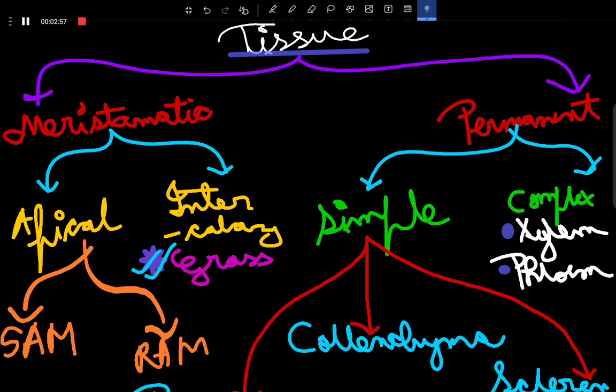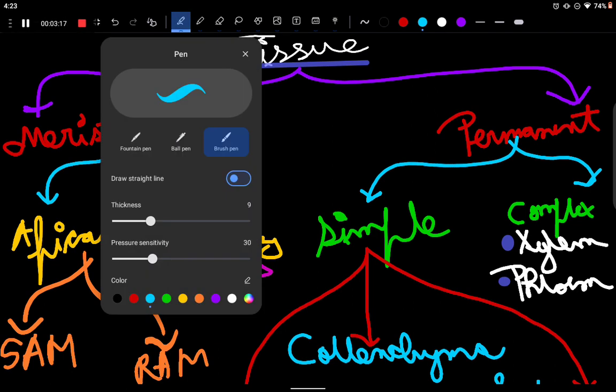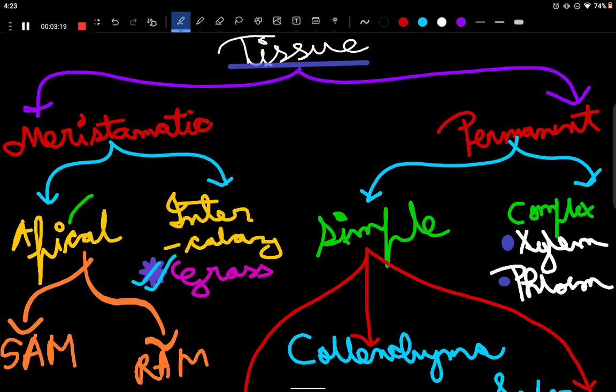Now, meristem is divided into two parts, apical meristem and intercalary meristem. Apical meristem means dividing tissues which are found at the apex. Note the word apical. It always means at the apex.